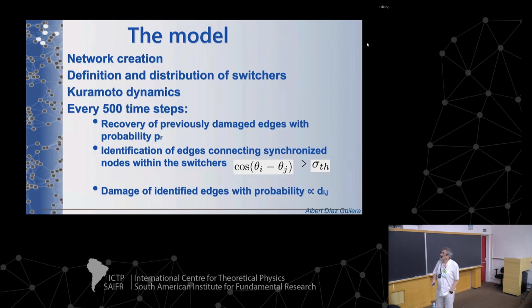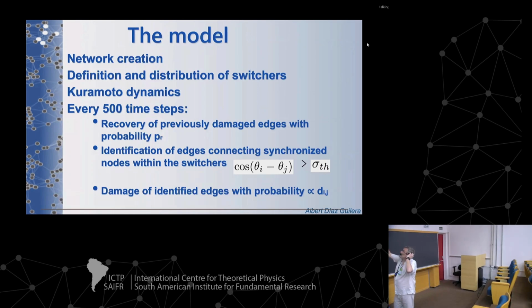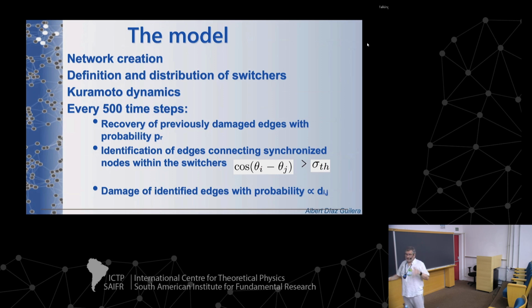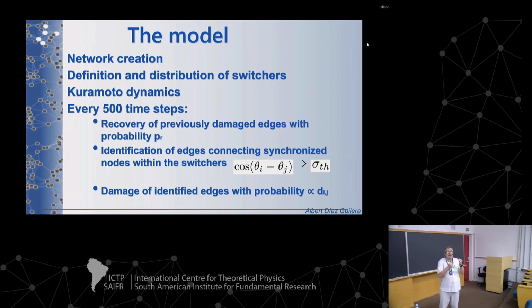So this is the model. We have the network, the definition, and the switchers. The role of the switchers is to monitor some of the axonal connections, because they are long connections between the neurons. It can detect the synchronized activity along this axon.